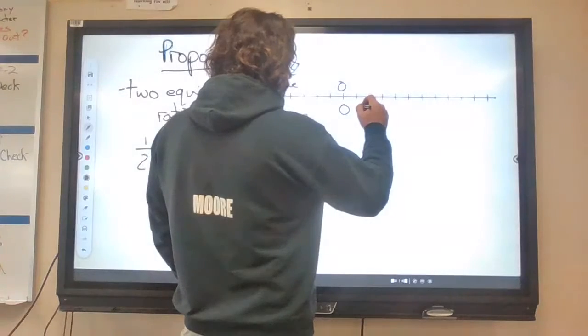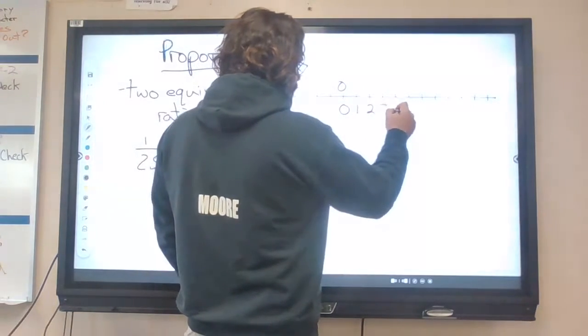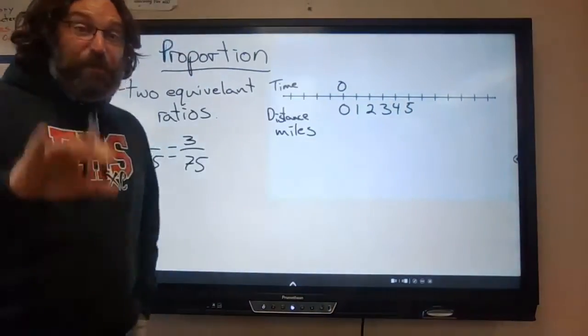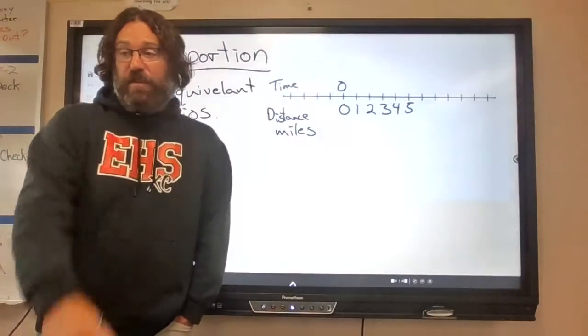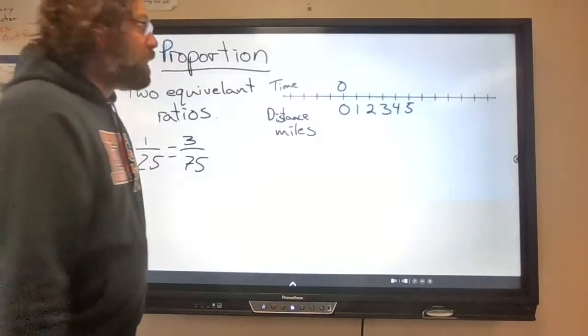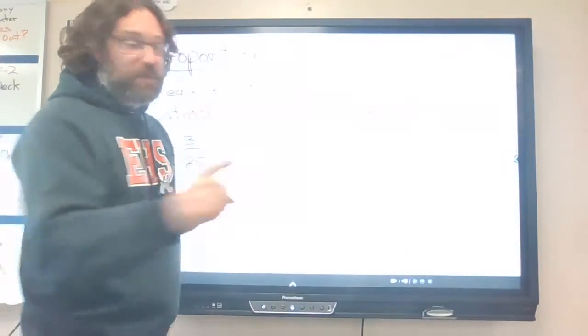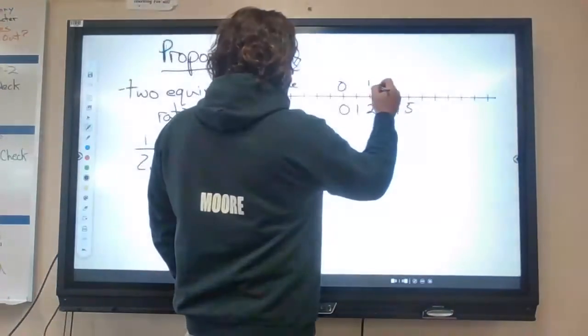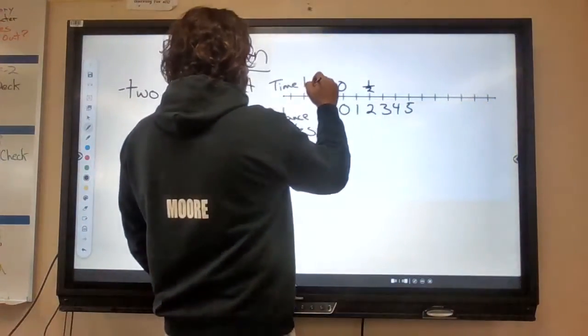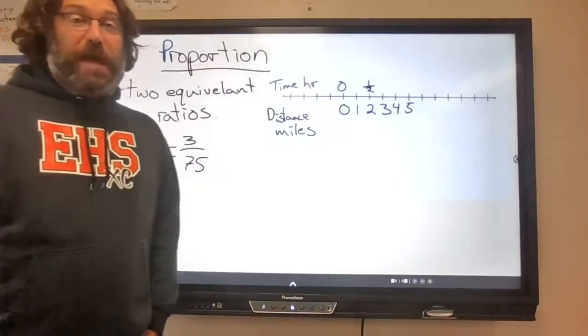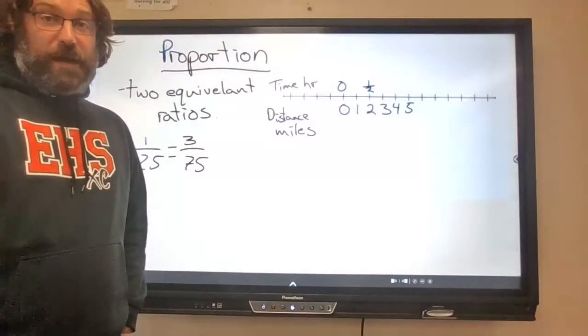And we had 1, 2, 3, 4, 5 miles. Now, the basic information that they gave you was that, and I'm looking at my notes here, it took a time, and we'll say this is in hours. It took half an hour to go 2 miles, okay?